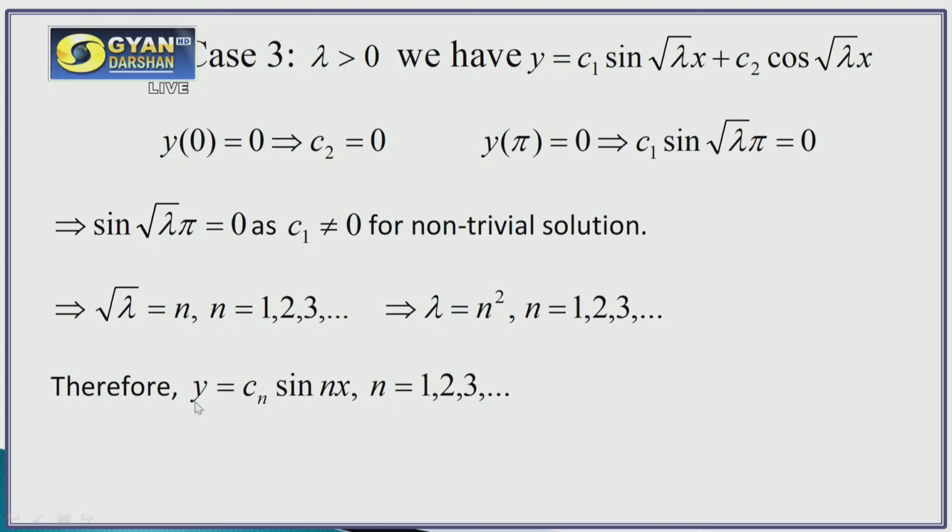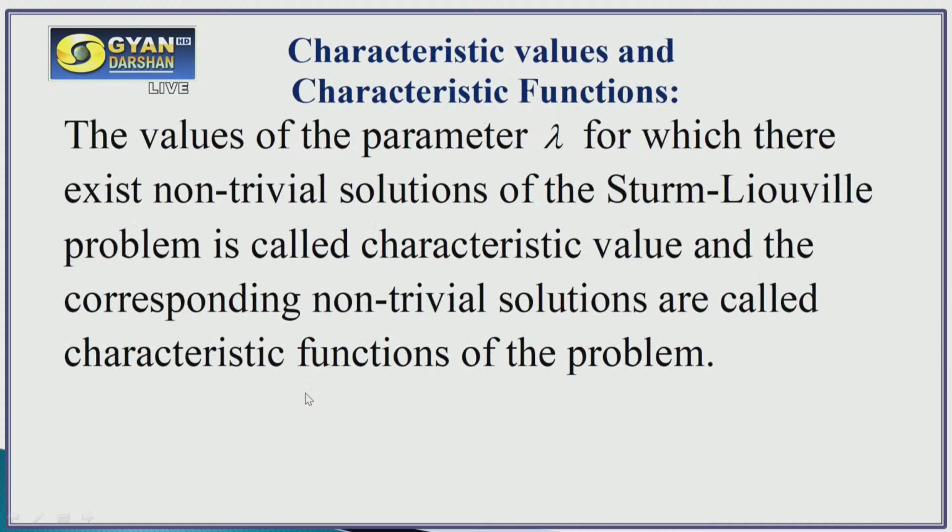The final solution will be the summation of them. Okay. So this is an example where we have solved a Sturm-Liouville boundary value problem. We'll use this solution in the next theory and see how it can provide us various interesting results.